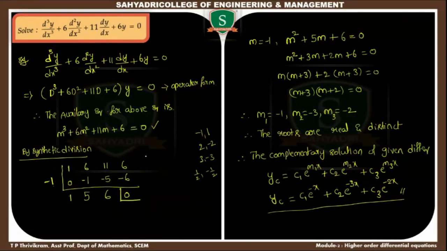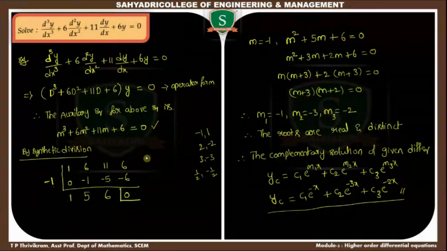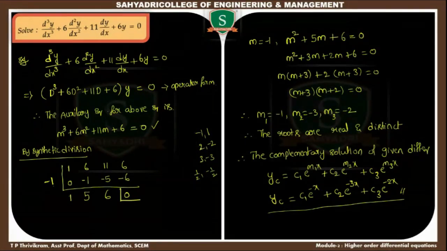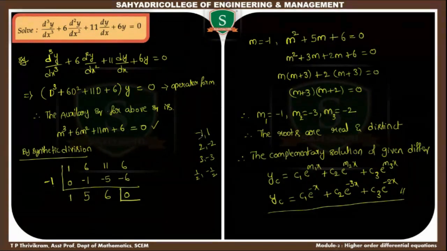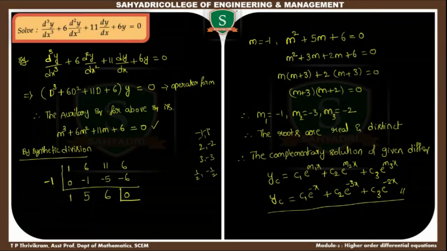Sir, for the cubic equation, you have given the set of solutions like -1, 1, -2 and 2. Is it applicable for all degrees of equations or only for cubic, sir? All kinds. Even if you are getting more than 3. If it is a quadratic equation or an equation with degree 5, is it going to be the same set of solutions, or are there more possibilities at that time?